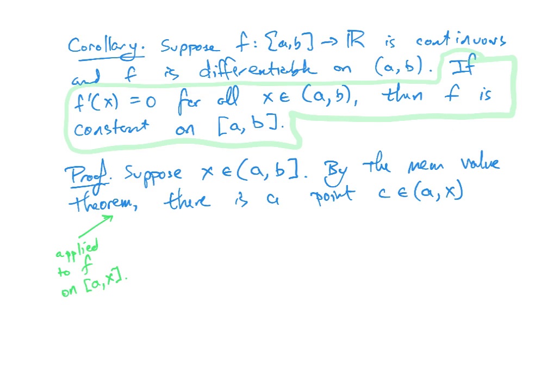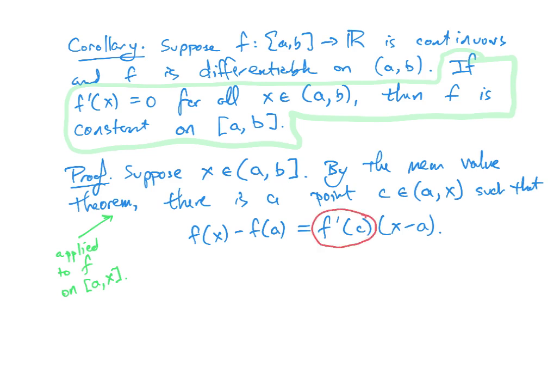It satisfies the hypotheses because it was continuous on a bigger interval and it's differentiable on a bigger interval. So we're okay. Then we'll get a point c in the open interval from a to x, which satisfies f of x minus f of a equals f prime at c times x minus a. But we have said that f prime is equal to 0 for all the points here.